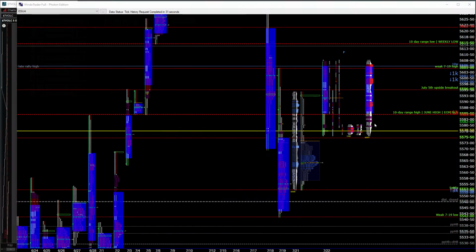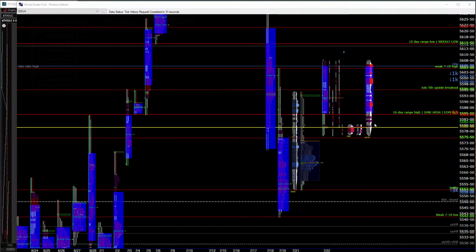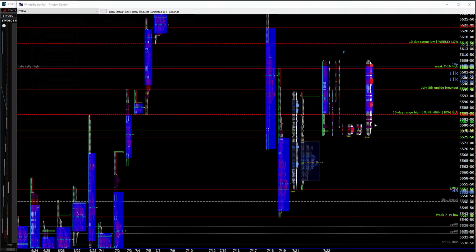What market generated information is telling me here, yeah, there are some odds here that the market is going to target price low, or at least the overnight low.